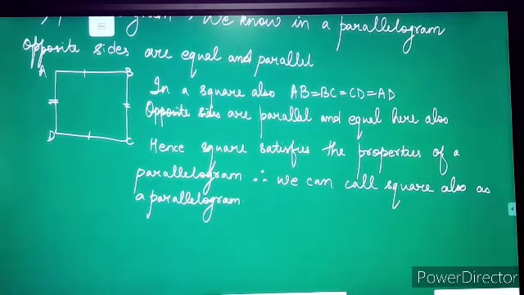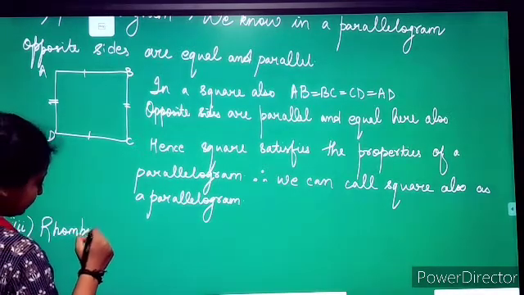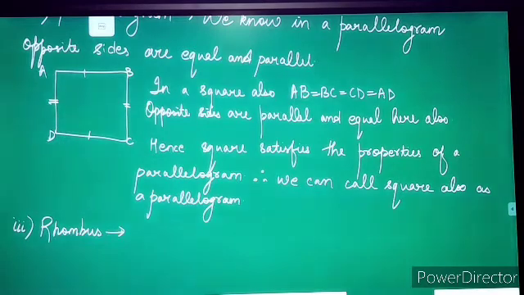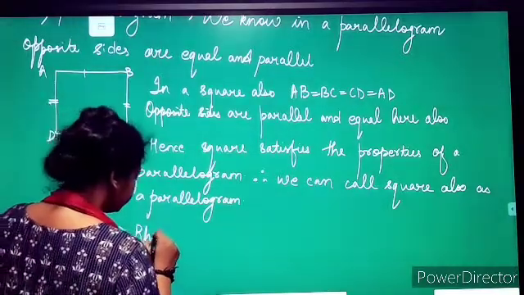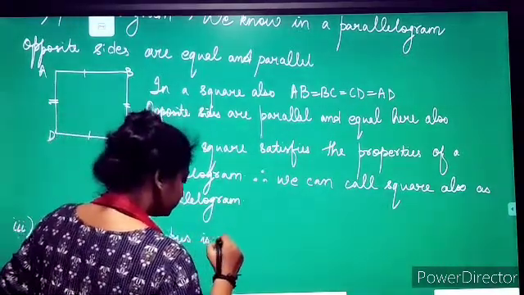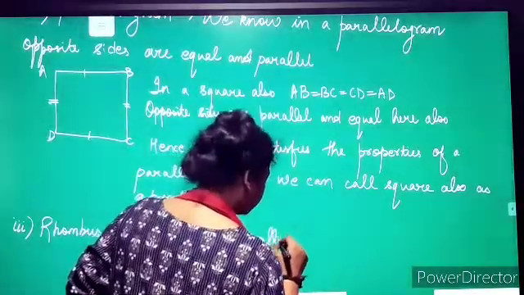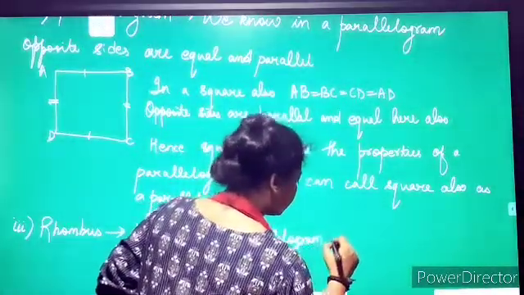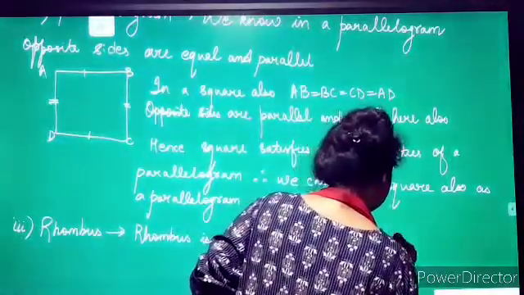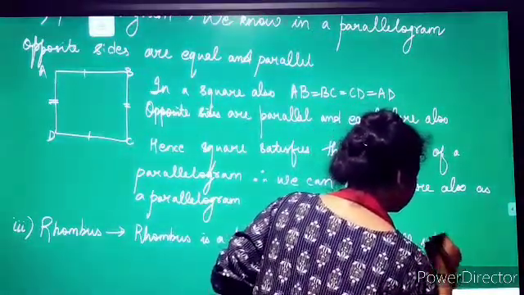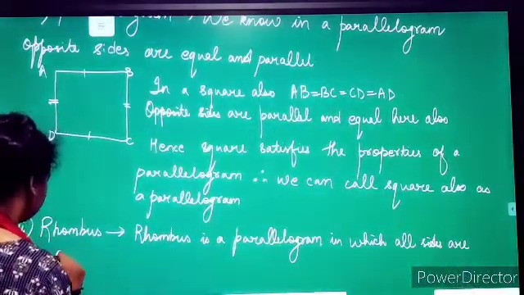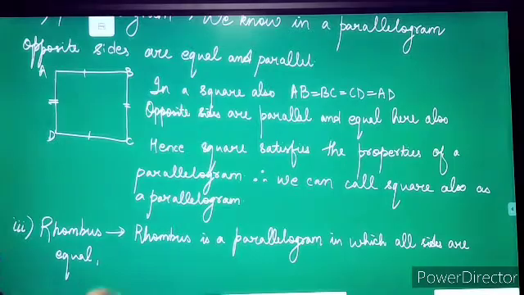Next we have, how can we call square a rhombus. What is a rhombus? Rhombus is a parallelogram in which all the sides are equal, right? And just here in the second part we have seen that square is also a parallelogram in which all the sides are equal.